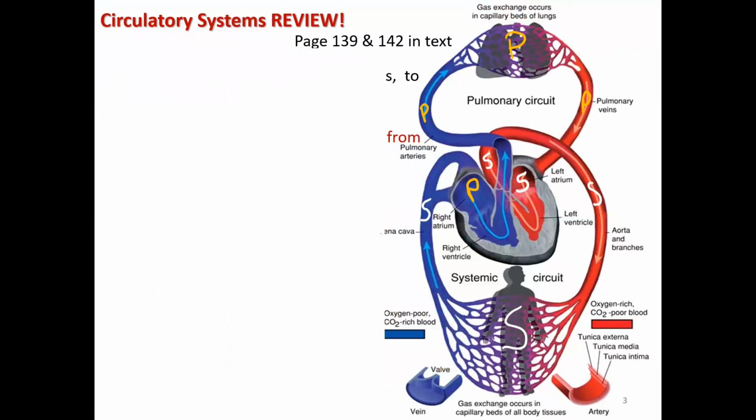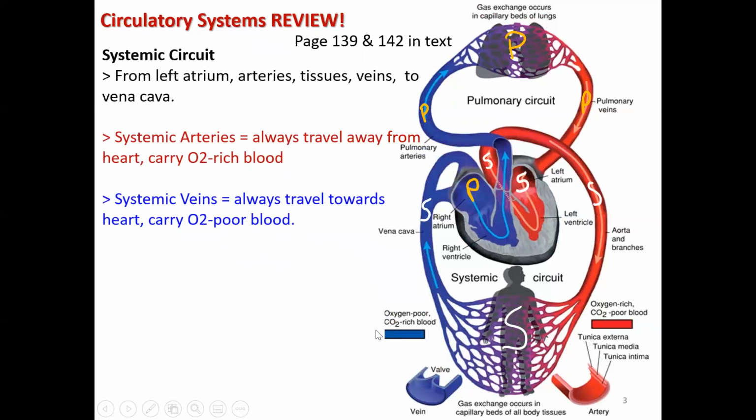Okay, so circulatory system, now going through systemic, which is the whole body. So systemic means whole body, and now blood is going to the whole body. It actually starts at the left atrium, then goes to the left ventricle, to the aortic semilunar valve, out through arteries that get ever smaller as they get to the tissues, and you have gas exchange at the tissues. Then oxygen-poor blood and metabolic waste are picked up in the venous system through ever larger veins till you get to the vena cava.